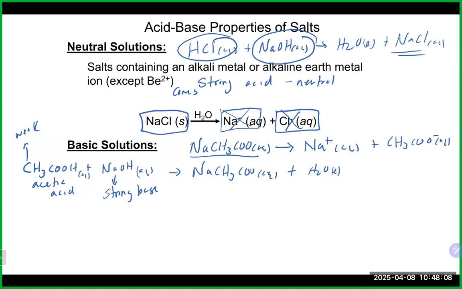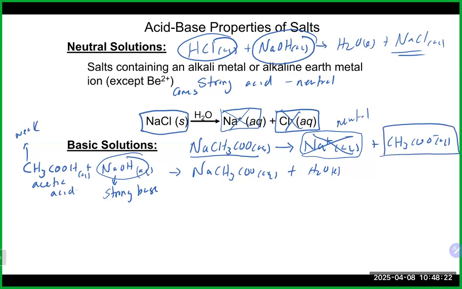So we already know from earlier that sodium definitely came from sodium hydroxide and it's group 1, which means it's basically going to be neutral, right? So that's going to be neutral. We don't have to worry about it. But when we look at acetate, acetate came from this weak acid, which means acetate here will be relatively strong in the sense that it will actually continue to react with water in this case.